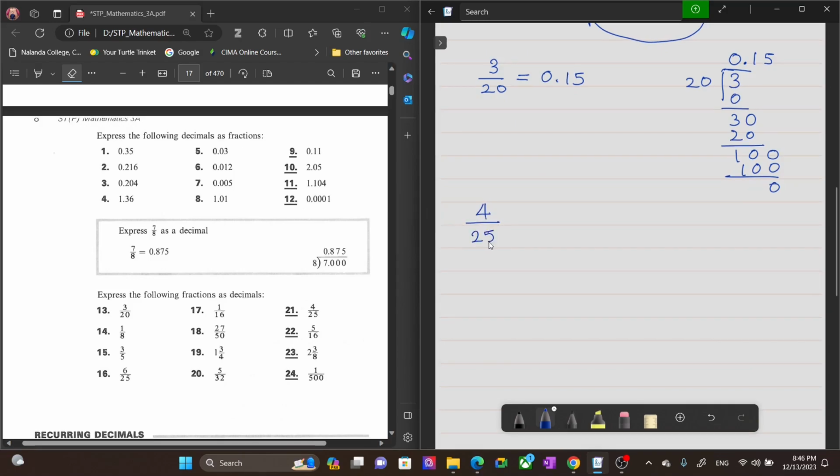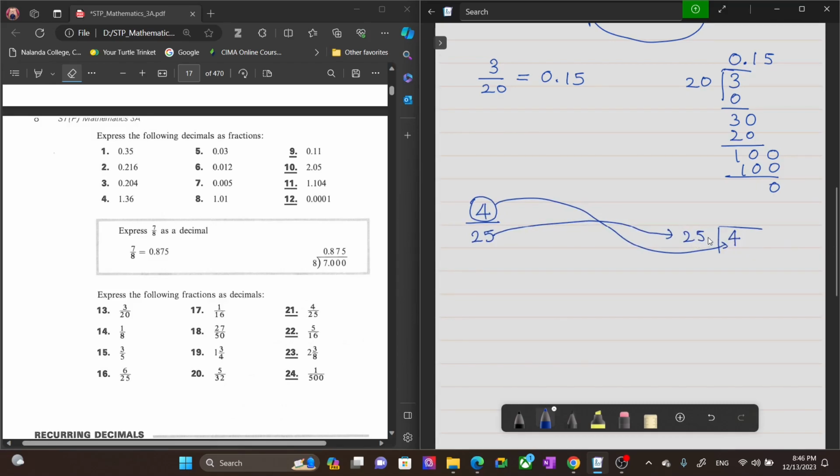Let me do another example with you: 4 over 25. Now we divide 4 by 25. Always remember to divide the numerator by the denominator. 25 comes here.